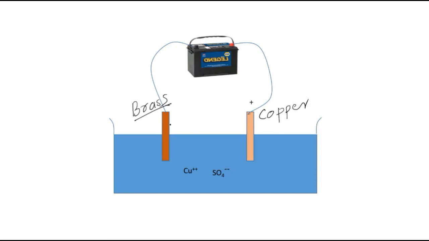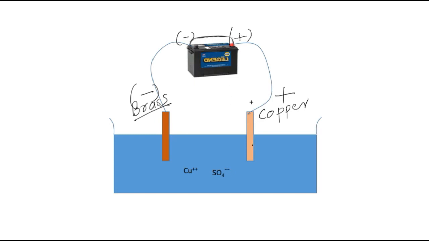You can take another metal also in this place. Now what happens? As usual, if you allow the current to pass through this copper sulphate solution, there are many Cu++ and SO4 here, and we already know this rod is positively charged and this brass rod will be negatively charged. Why? Because it is connected to the negative terminal of the battery, whereas copper is connected to the positive terminal of the battery.